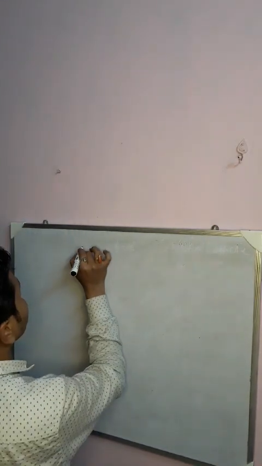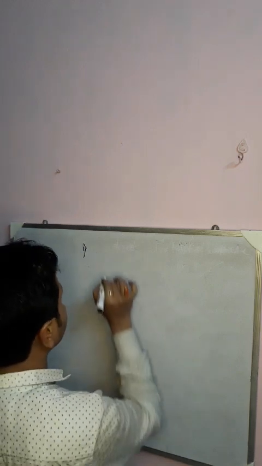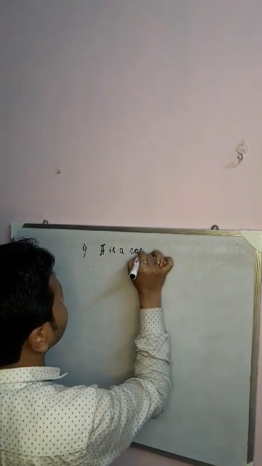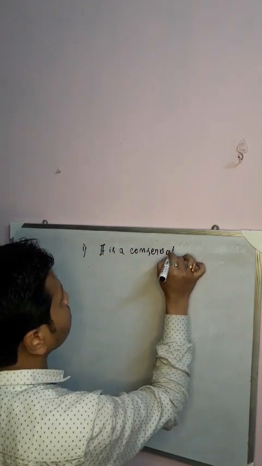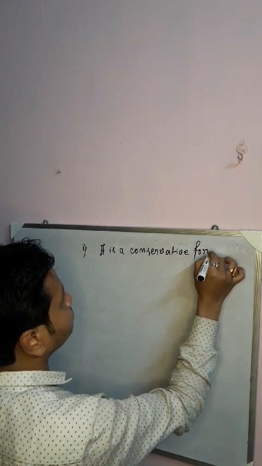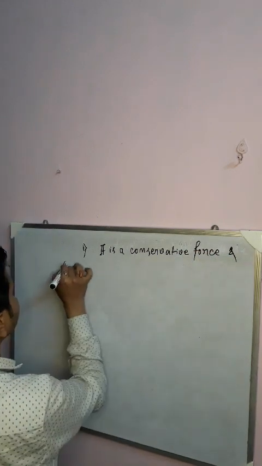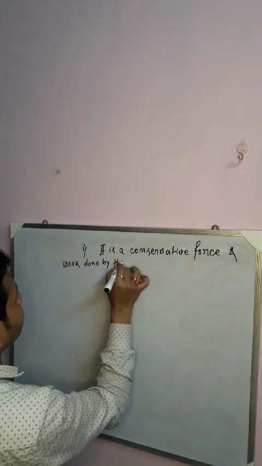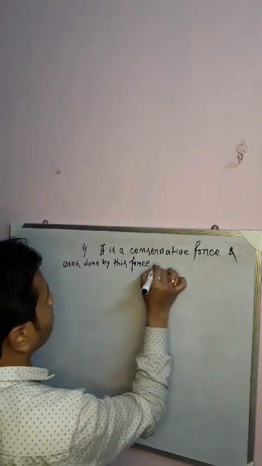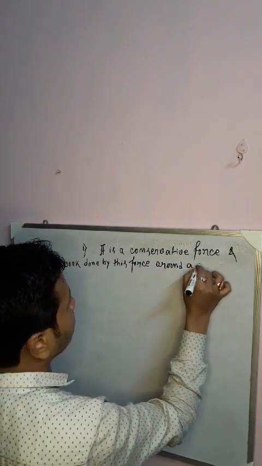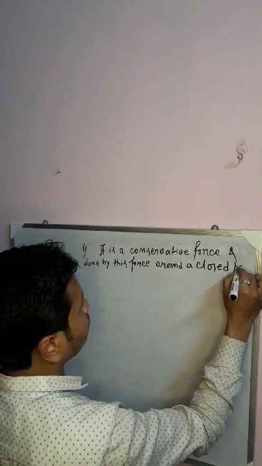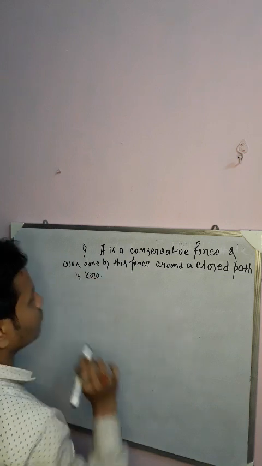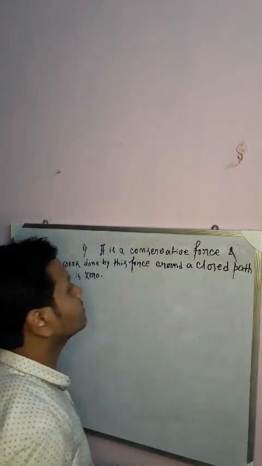First, it is a conservative force, and the work done by this force around a closed path is 0.